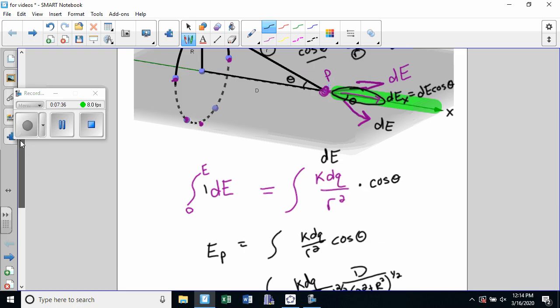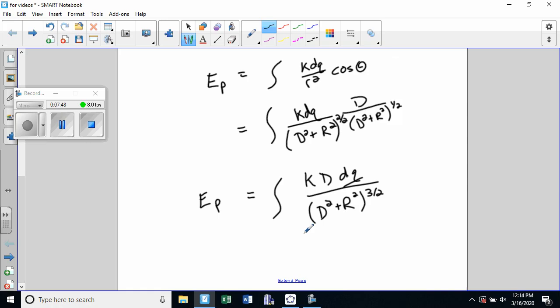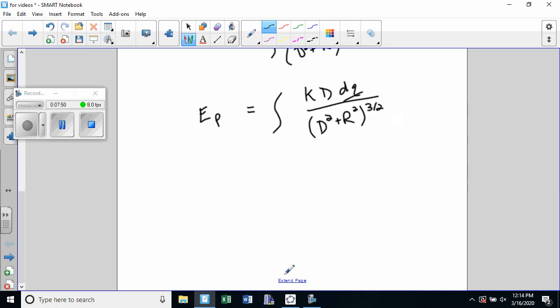Based on the geometry up here, capital R is just the radius of the ring. D is the distance from the center of the ring to the point P. Those aren't going to change no matter where I am on the ring. So this actually becomes a pretty simple integral. This is then just the integral of k d over d squared plus R squared to the 3/2 times the integral of dq.